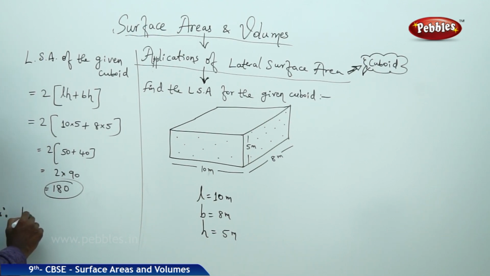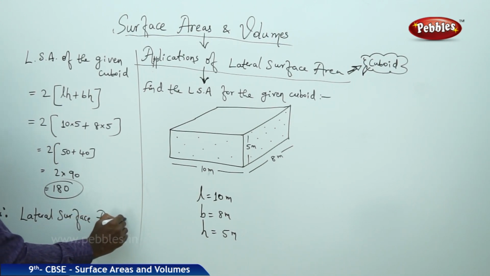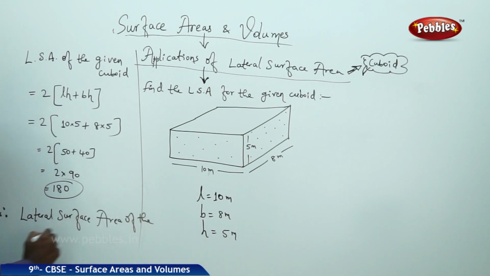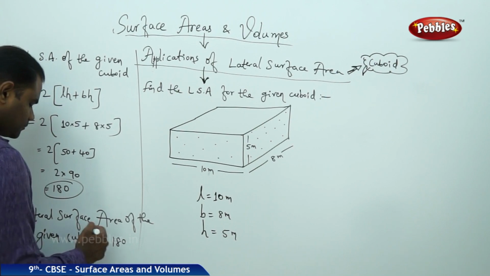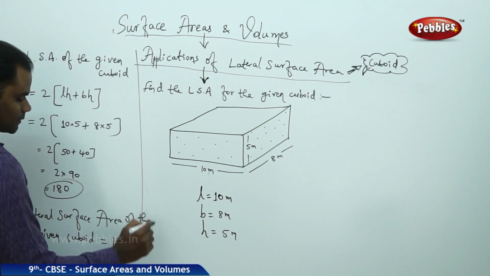Therefore, the lateral surface area of the given cuboid is 180 meters squared.